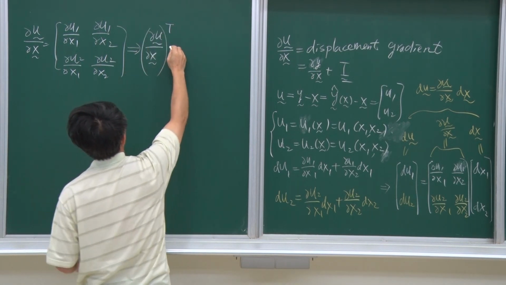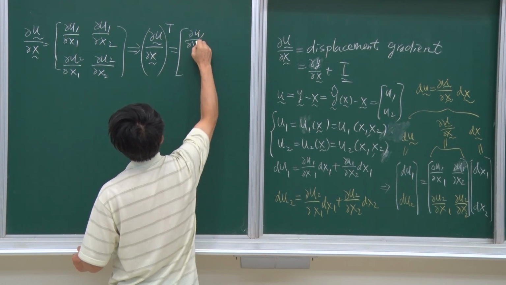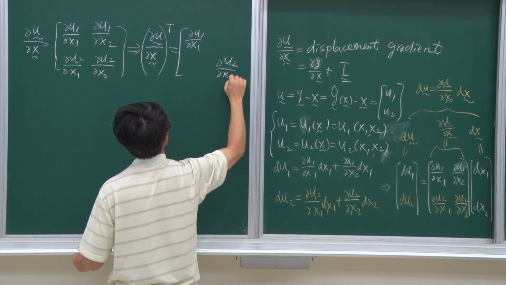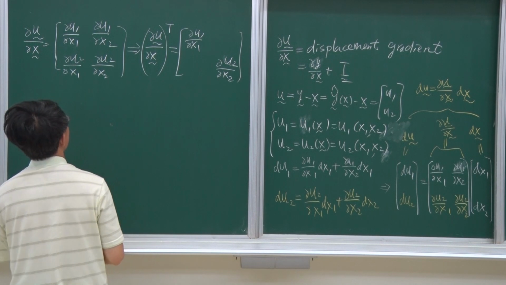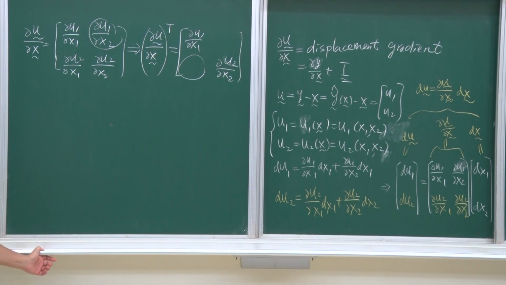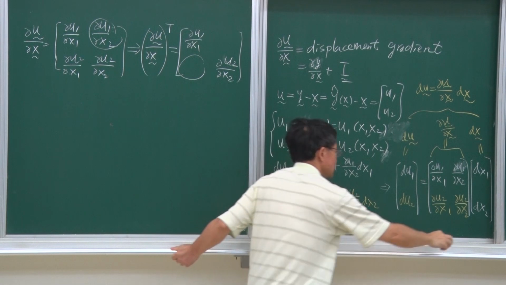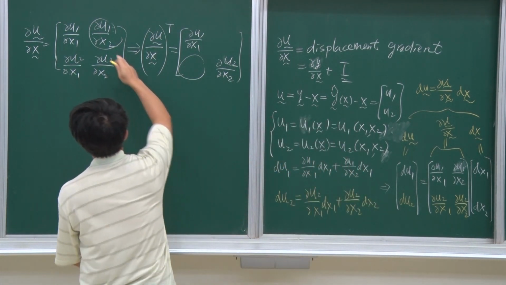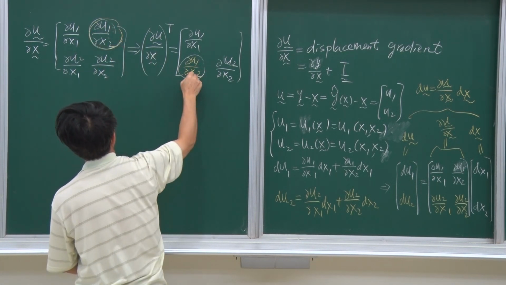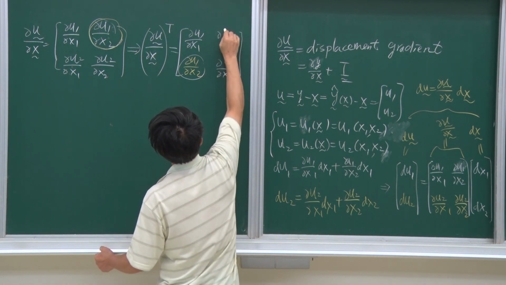A matrix can have the transpose. For a transpose, what happened? This one will come to this place, and this one will go to this place. They just exchange their places in the off-diagonal terms. Now, this one becomes this one, and this one will go to here.